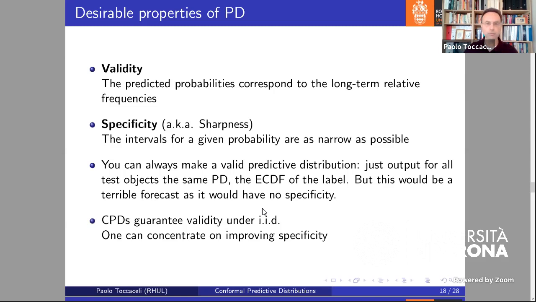You just output for all the test objects the same predictive distribution, the ECDF of the label on a training set. However, you immediately realize that this is almost useless as a forecast. It is as if you went to a meteorologist to ask him if tomorrow it will rain, and he would take the climatological average to answer your question.